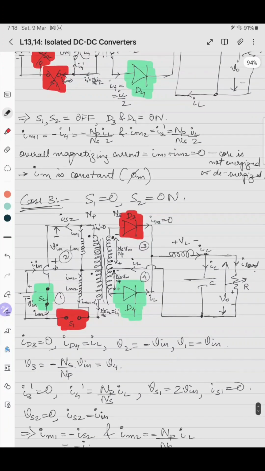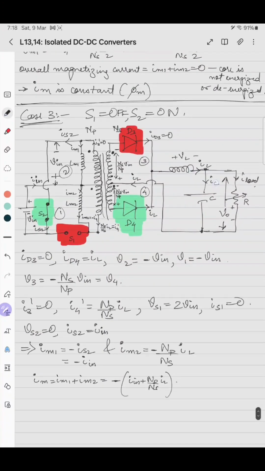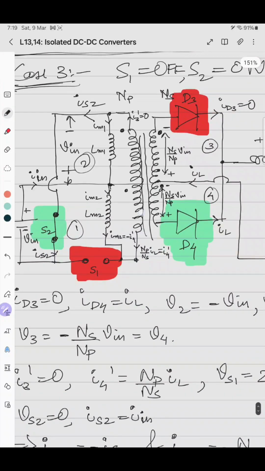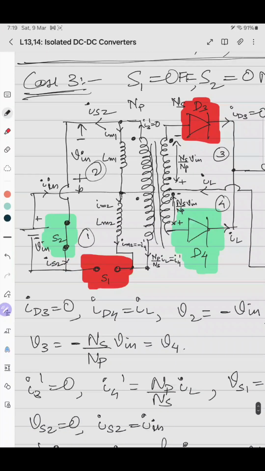And the last case, when S1 is off and S2 is on, here you can see that the above winding gets connected to input, but with the reverse polarity. So V2 is minus Vin.